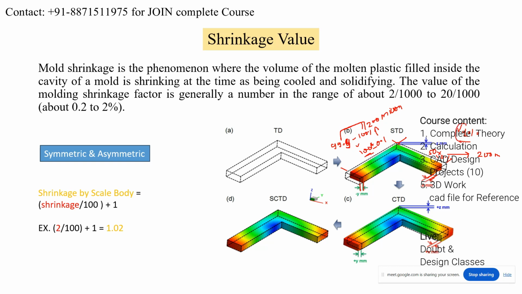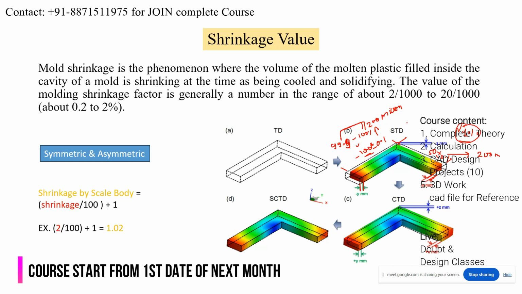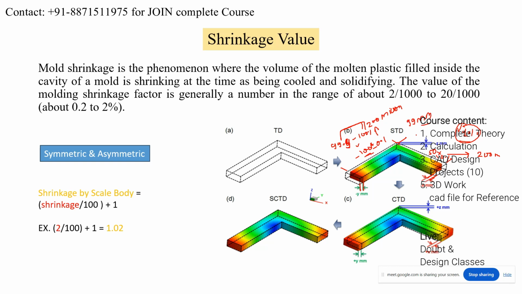But because of the 1% shrinkage, what will you get? Definitely you will get 99 mm, right? Yes. So this is wrong or not? This is wrong. Yes. So for controlling this dimension within a tolerance, you have to provide the asymmetric shrinkage, right or wrong? Yes.